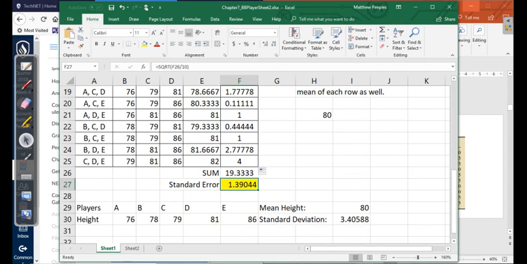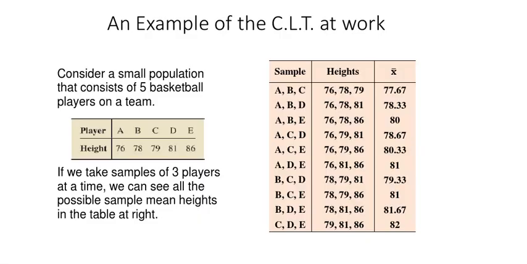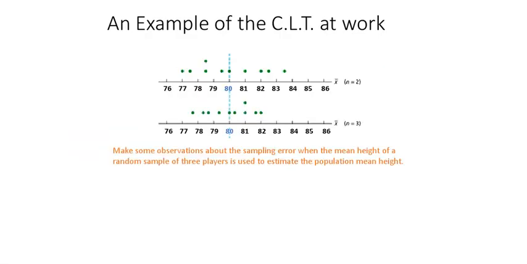All right, so let's take a look back at this in our table. What else can we say? Well, let's compare what happened when we had a sample of size 2 and a sample of size 3. We can see that the spread of our data is much closer together this time. We had a smaller standard deviation for these means as compared to the samples of size 2. As our sample size increased, our standard error decreased.